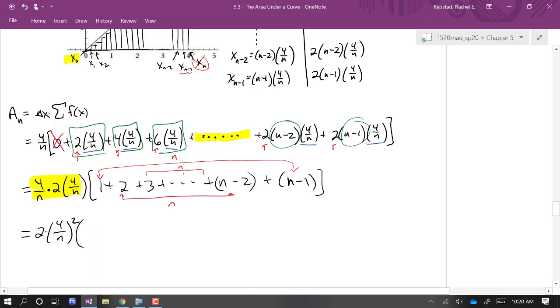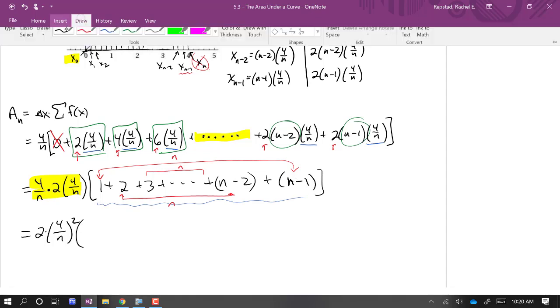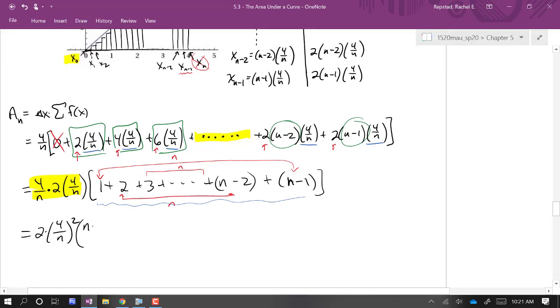As I pick off these terms in pairs, from the outsides and keep moving in, each pair adds up to n, and since it takes 2 of them to make an n, I have n minus 1 over 2 n's that we're adding together. I've got n minus 1 integers here, from 1 to n minus 1. It takes 2 of them to add up to n. So I've got n added to itself n minus 1 over 2 times. And there's the sum of the first n minus 1 integers.